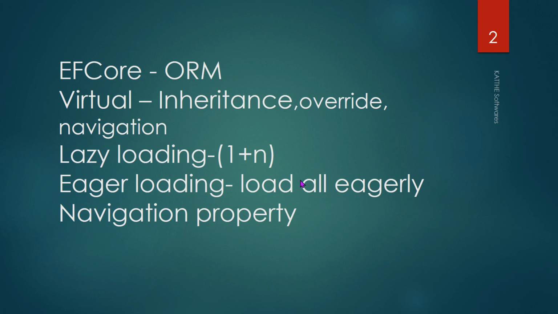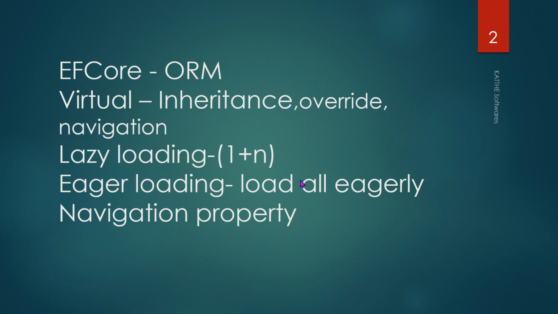Lazy loading means, for example, you have one product, and that product is ordered by billions of users. Whenever you are looking for a particular product by ID, if you try to load all those billions of orders, then your DB will crash. Instead, just load the first product, and then if needed, go for the dependent orders, say 100 or whatever depends on your convenience.